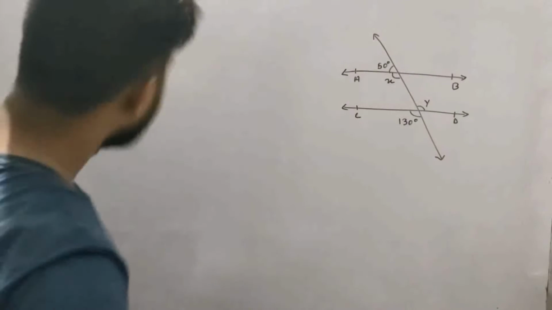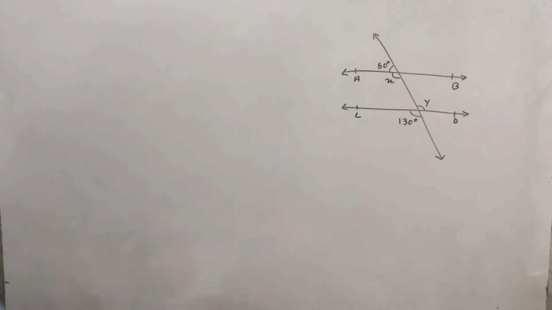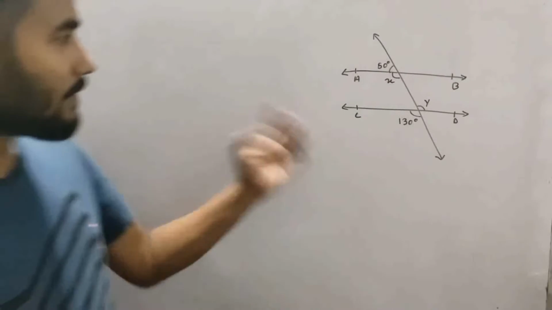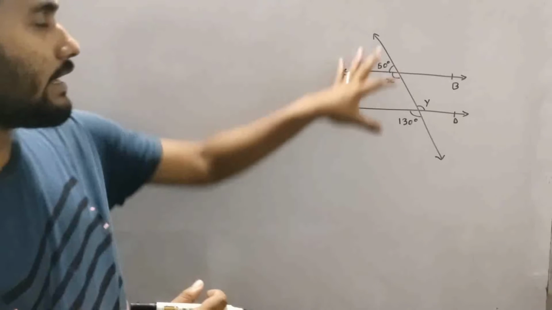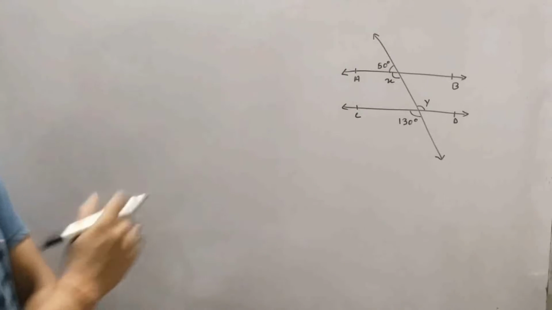Okay, what is given in this question? Find the value of x and y and then show that AB is parallel to CD. These are the given things. It is not written in the question, but directly by looking at the diagram you have to say that these are the given things.